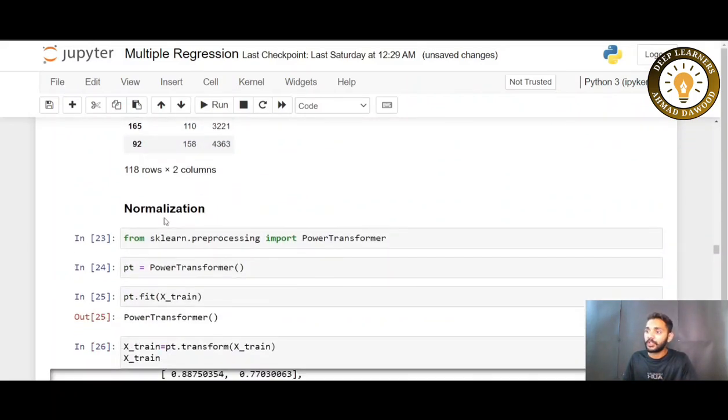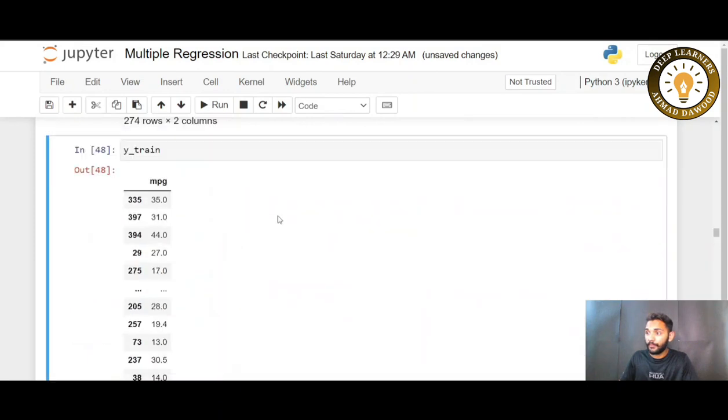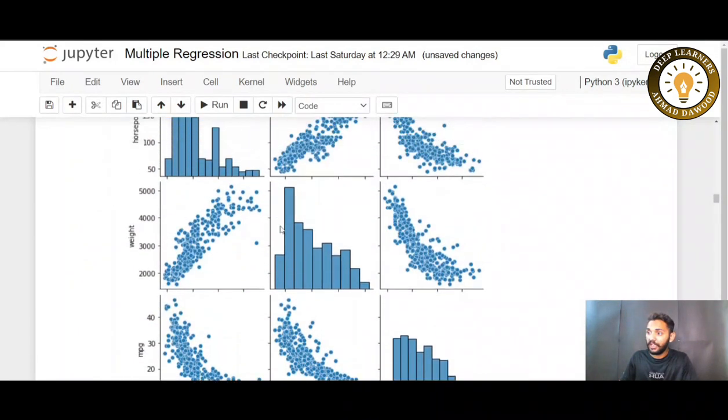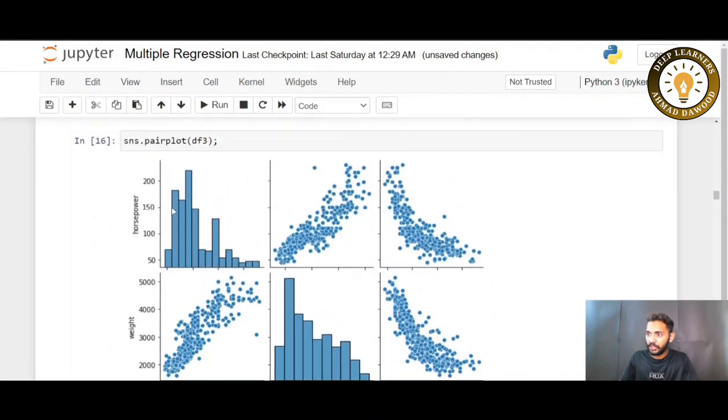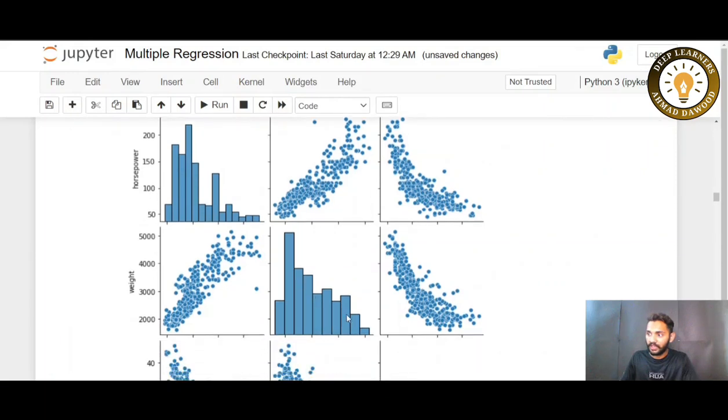Okay. So first of all, I will do normalization. Why am I doing normalization? You have seen in the pair plot that my independent variables seem to be right skewed, and linear regression by nature is sensitive to outliers. We should feed normalized data to our model to make the model generalize.